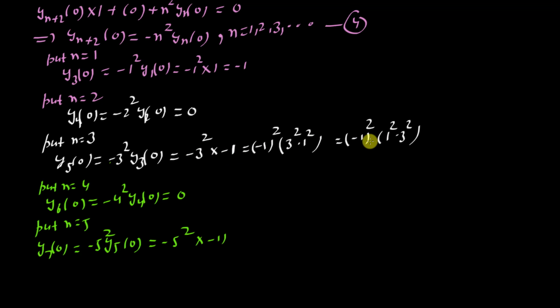I have already told you many times that we don't multiply minus, but rather we write it in the power so that we can get the generalization in the end. So this will be minus 1 square 3 square, which is minus 1 into minus 1 square, that is minus 1 cube, times 1 square dot 3 square dot 5 square.